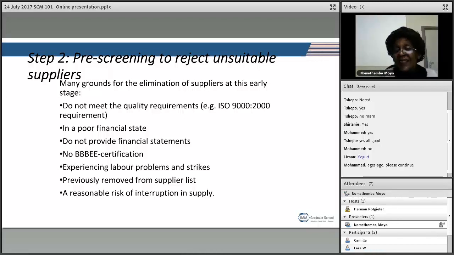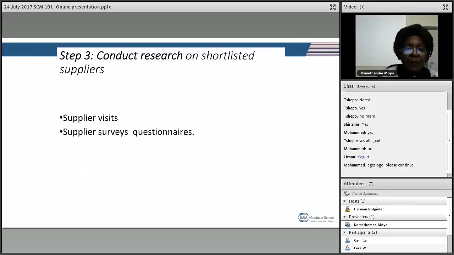You remember during Marikana, how many steel companies suffered because mines could not produce and could not supply them with steel. Also those previously removed from the supplier list, and those with a reasonable risk of interruption in supply. If you look at them and you think there's a risk of interruption, then you don't choose those.